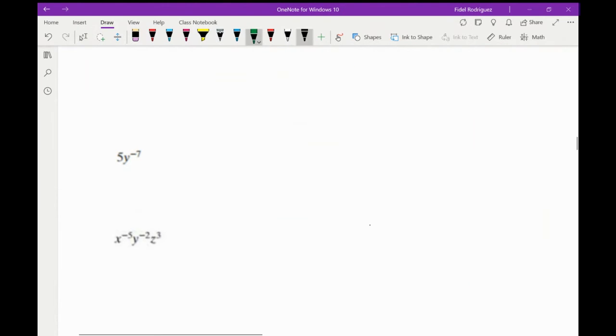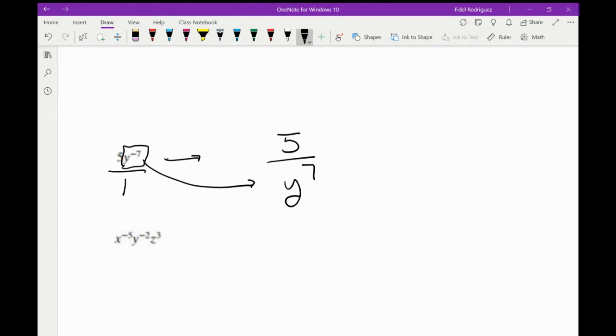All right. So when I look at this one here, the only piece that's negative is that one. So I'm going to think of this as being over 1. So the 5 is positive. It's going to stay on the top. This guy here is going to come to the bottom, and it's going to become a positive y to the 7th.